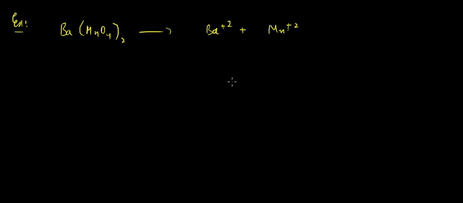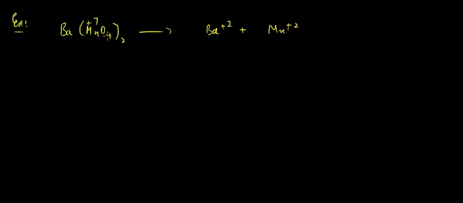Okay, so next example is of Ba(MnO4)2. This actually gets converted into Ba+2 and Mn+2. So if you just calculate the oxidation state of Mn here, it goes from +7 to +2. So 1 mole of Mn goes from +7 to +2.